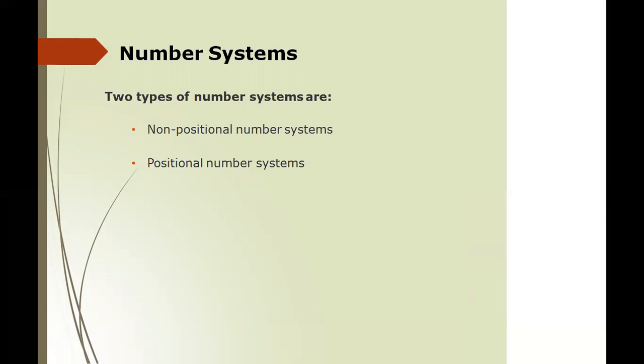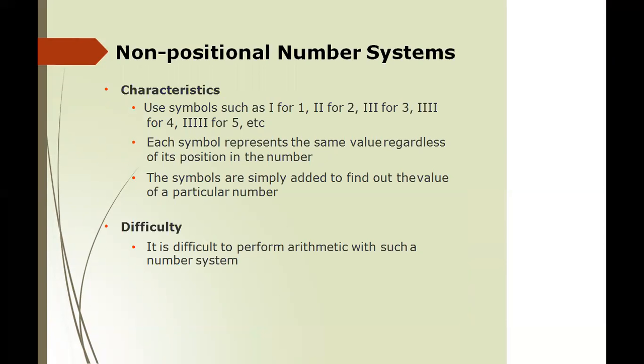We all know that number systems are of two types, positional number system and non-positional number system. In ancient times, people used the non-positional number system. In this number system, a symbol represents the same value regardless of its position in the number, and it is difficult to perform arithmetic with such a number system.